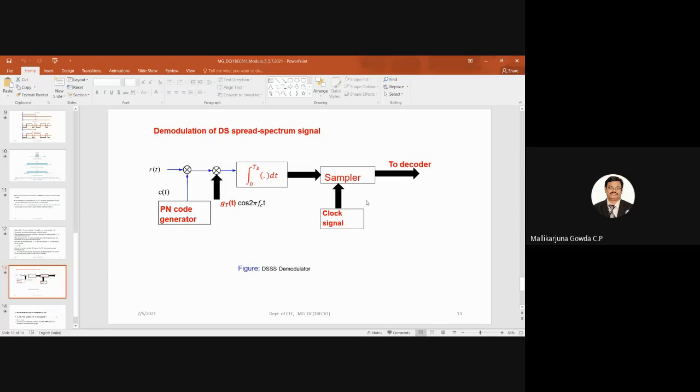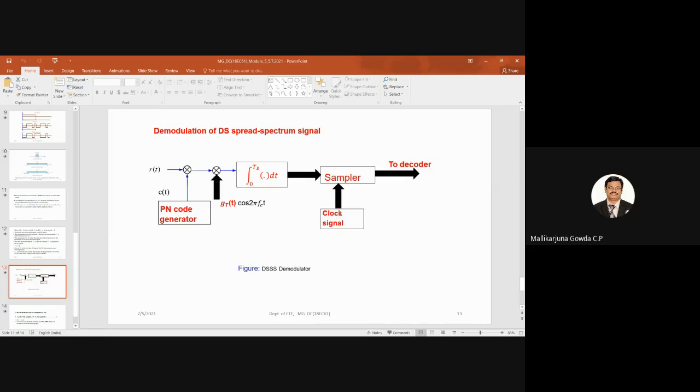So this is how the direct sequence spread spectrum demodulator works. The first step is to de-spread the signal. How do we do that? By multiplying the received signal with the same pseudo-noise sequence used at the transmitter side. After that, we have a correlator, that is a multiplier followed by an integrator, which will generate the sample.